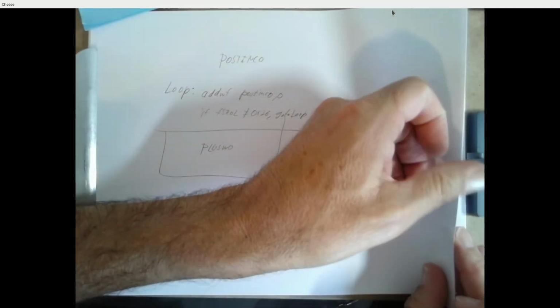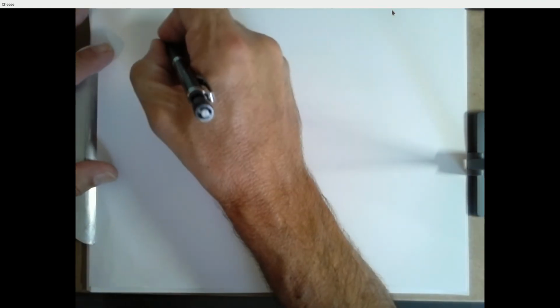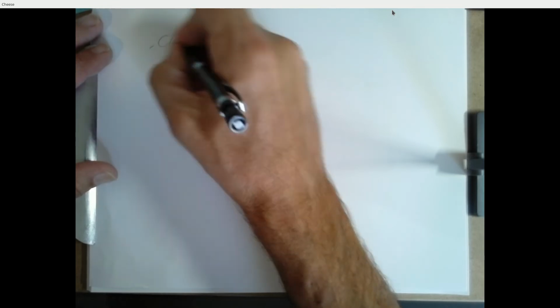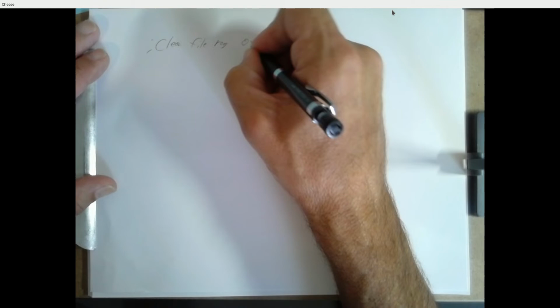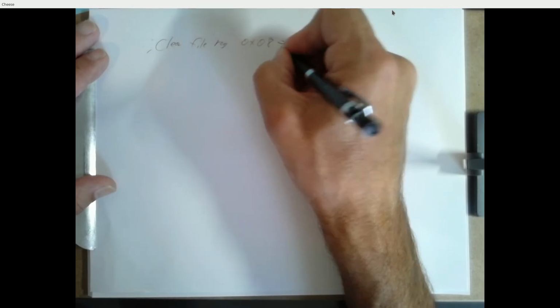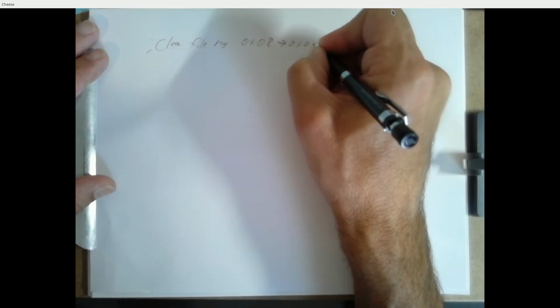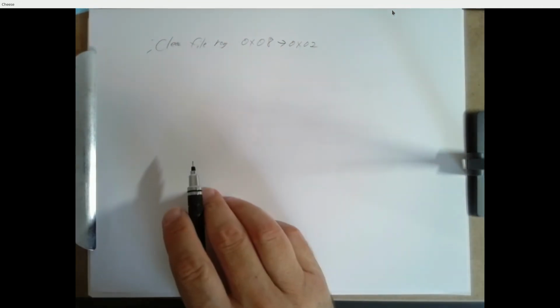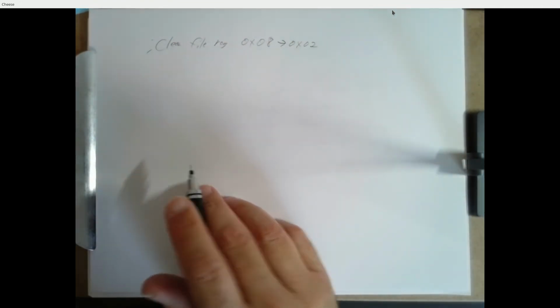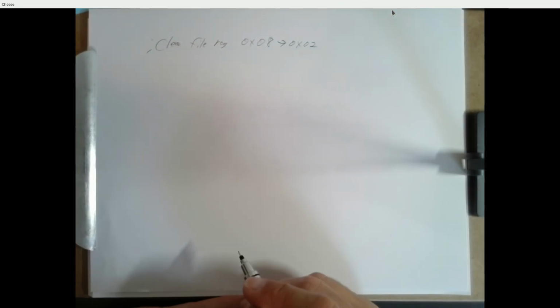Suppose we wanted to clear some file registers from location 8 to location 2. Okay, so we want to clear out file registers 2, 3, 4, 5, 6, 7, and 8.